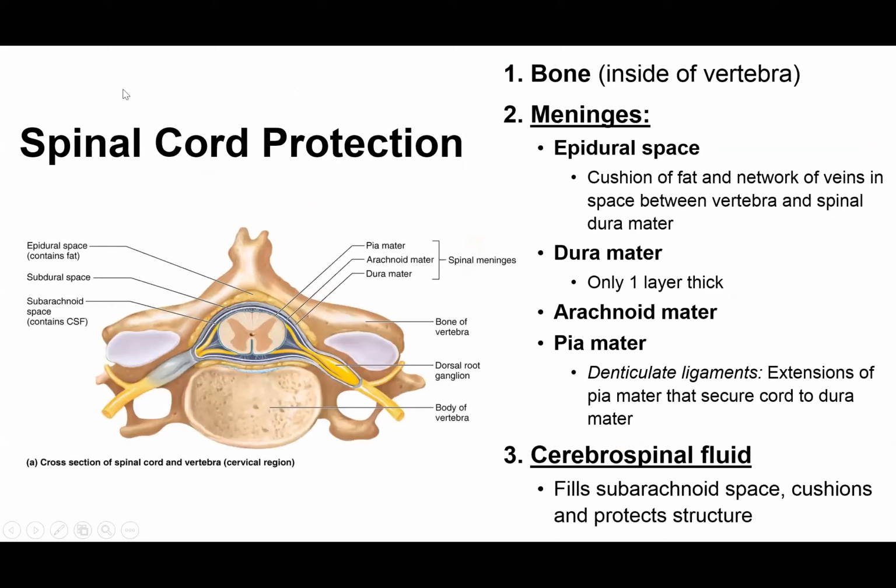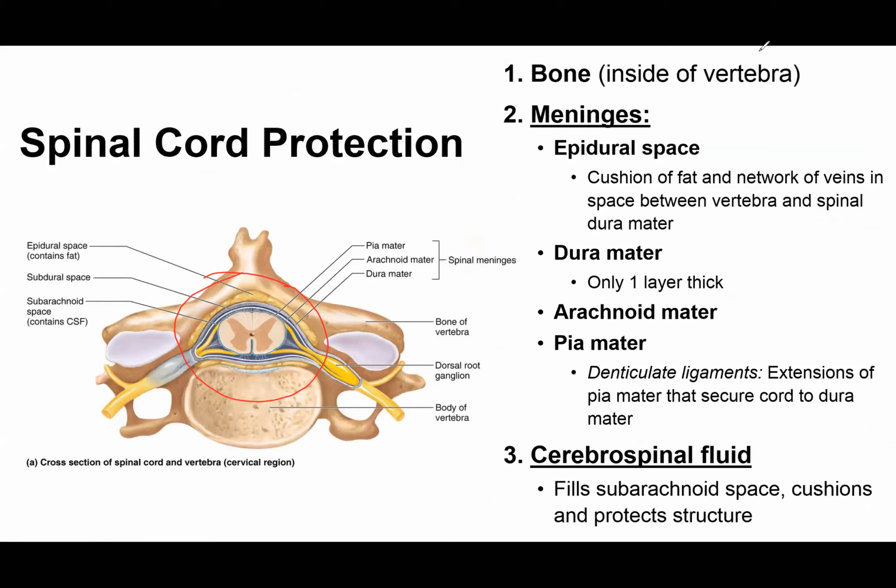So now that we've talked about some of the basic structures, let's talk about protection of the spinal cord. First and foremost, it's big time protected because it is actually inside of bone, right? So we know it's present inside of the vertebra, which gives it big time protection.